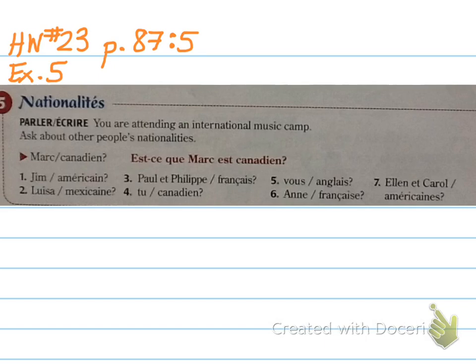All right, your homework is exercise 5. Again, we did this one out loud. Remember kind of two things happening here, right? Here, I have to add my correct form of the verb être that matches the subject. And then out here, I'm adding the est-ce que every time.